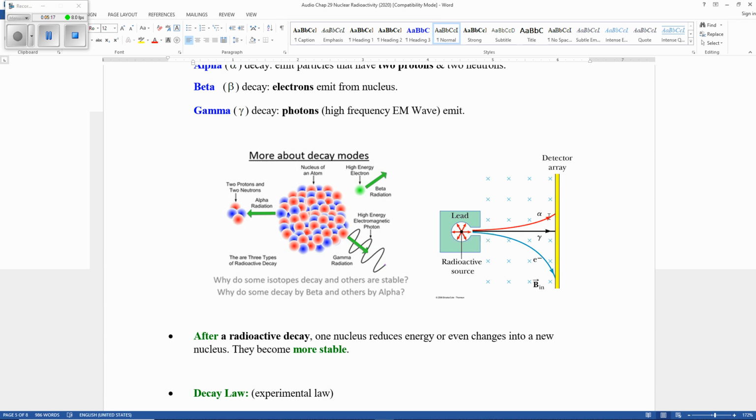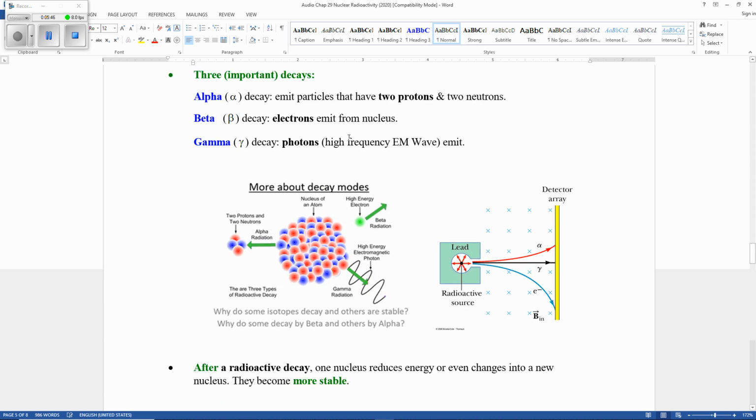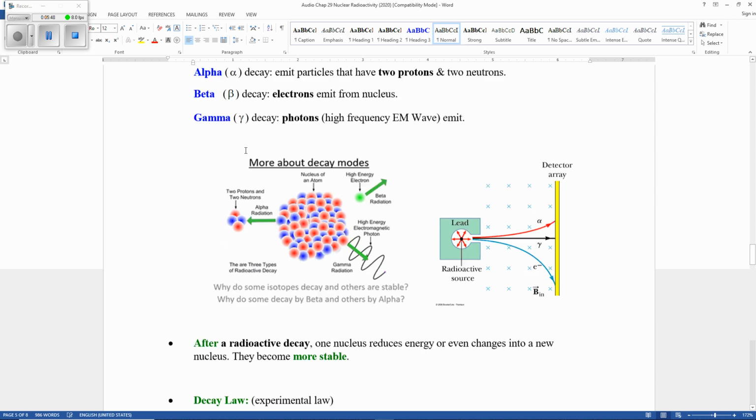The positive charge goes to the right, the magnetic field goes inside the paper, and the force goes up. So the alpha particle will go this direction. The negative particles, the beta particles, will go another direction. Gamma will keep the same direction because gamma doesn't have any charge, no positive, no negative. So that's the 3 decays: alpha, beta, and gamma.